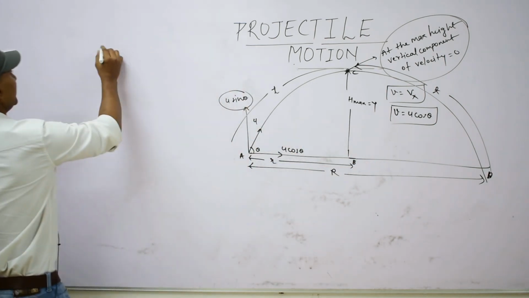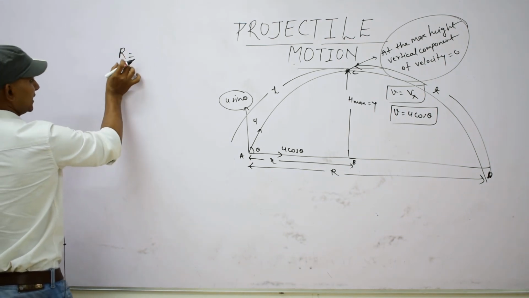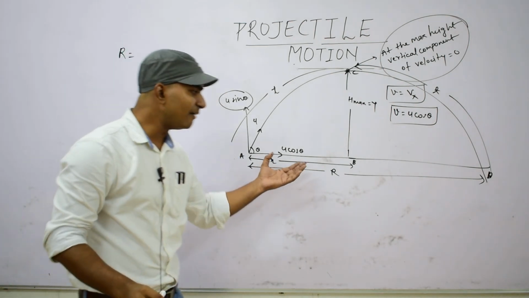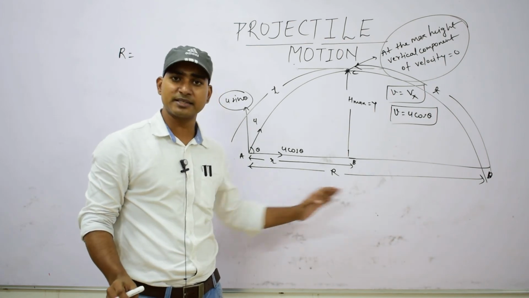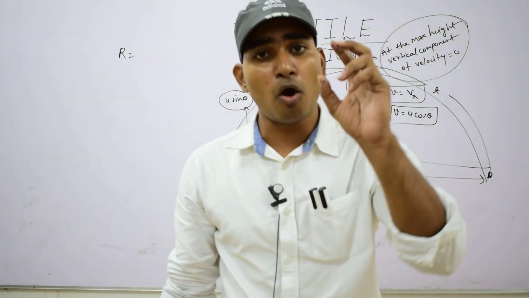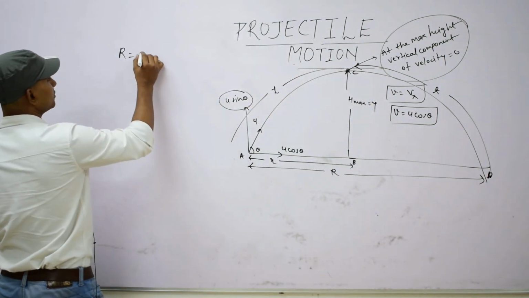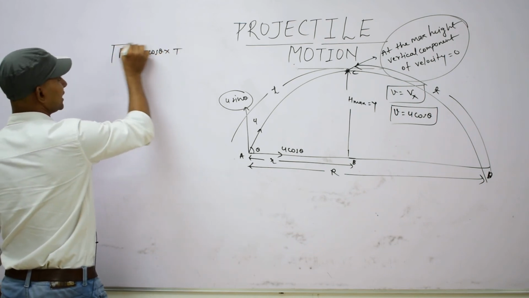So I can find the formula for the range. Range is just distance, and distance is equal to velocity into time. We have to take the u cos theta component because it is horizontal distance. So for finding the horizontal distance, we have to take the horizontal component of the velocity. That is why R is equal to u cos theta into flight time, and that is capital T.